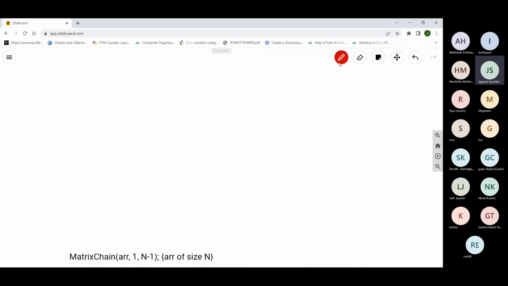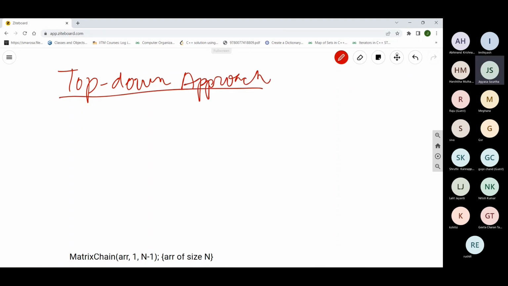So for writing the top-down approach, or the memoization, you need to begin with the base case. But first let's write what will be the state. Let's say DP of ij is the state.